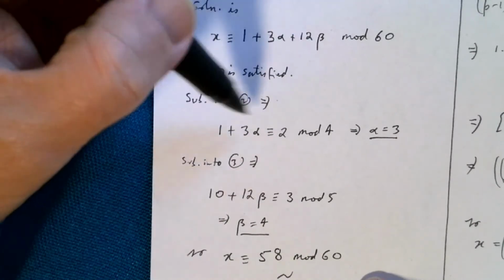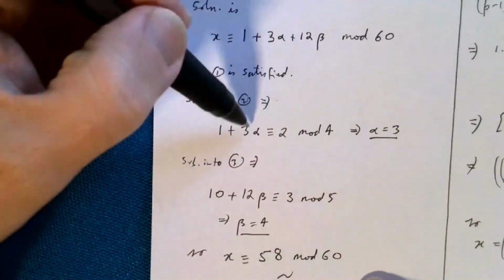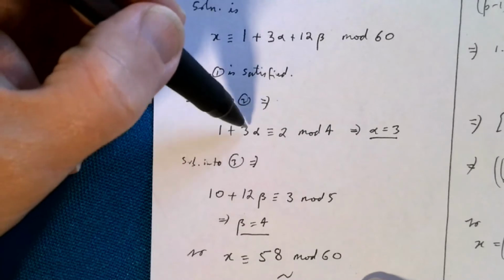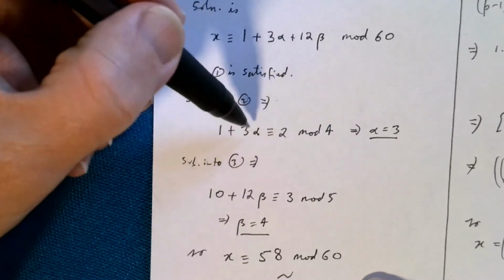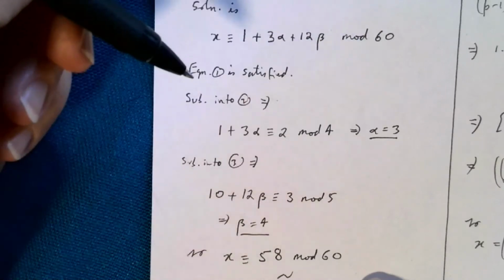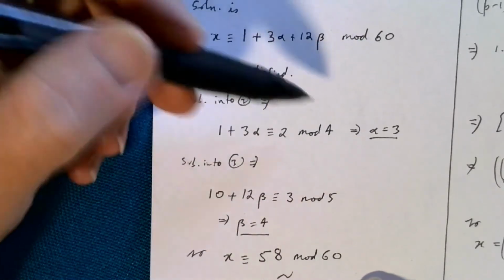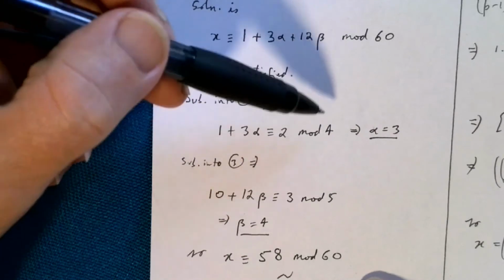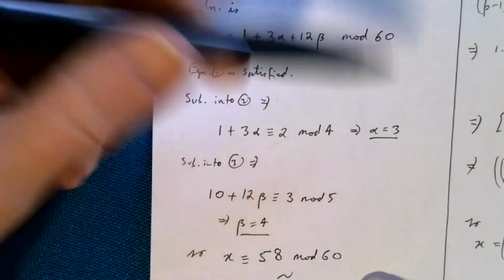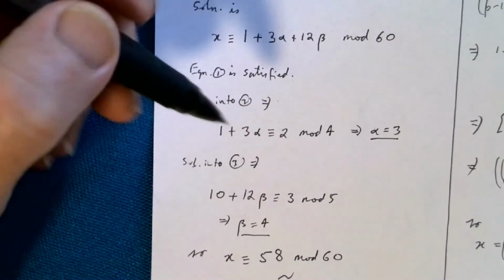And I can solve that pretty quickly. This says 3 alpha is congruent to 1. If I multiply both sides by 3, then I get 9 alpha, but 9 is 1 mod 4, so I get alpha is 3. If you will, alpha is 3 mod 4, but I'm going to be plugging alpha back in a moment, so I may as well just take alpha to be 3 itself.